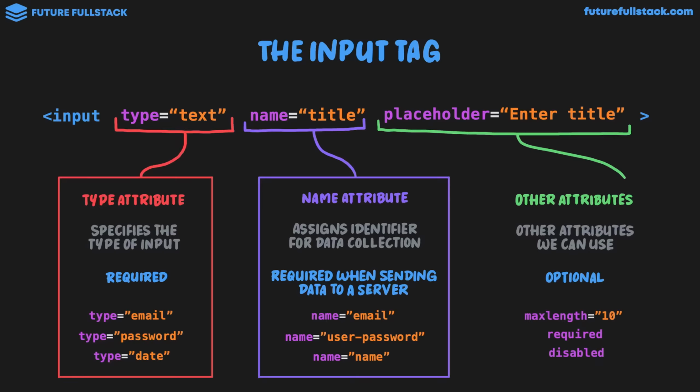This is commonly used once a form has been submitted, and the data is in the process of being sent to the server. You would then use this to disable the form, so users can't change any details during the process of sending the data to the server. You'll notice that some other attributes have a value, like max length equals 10, while other attributes have no value, and this is totally fine.